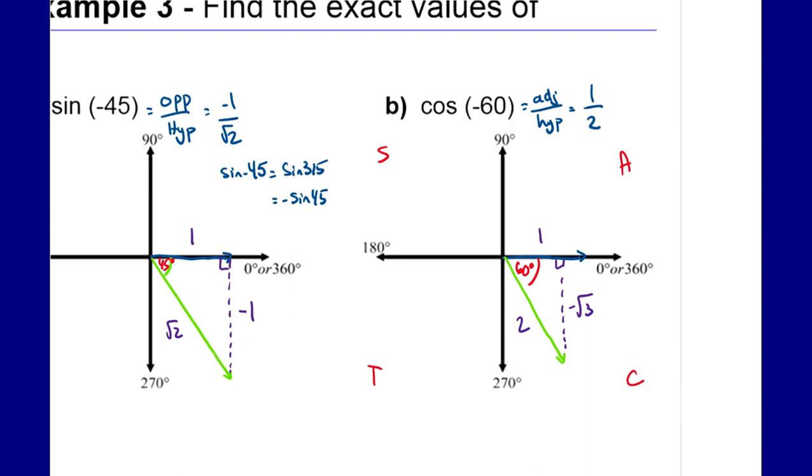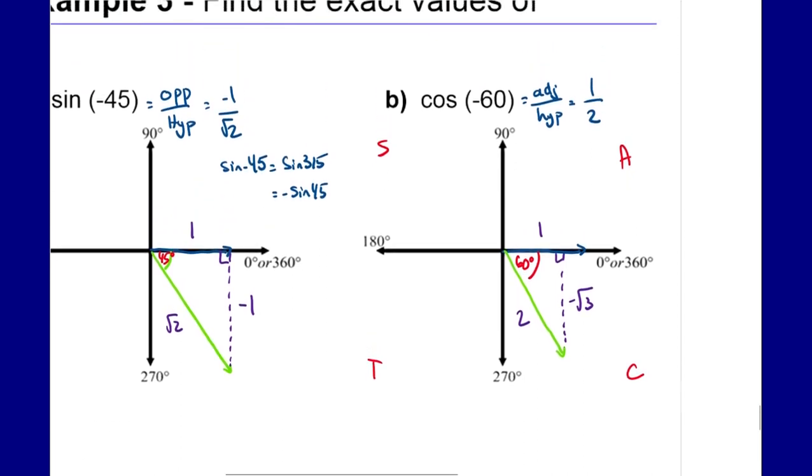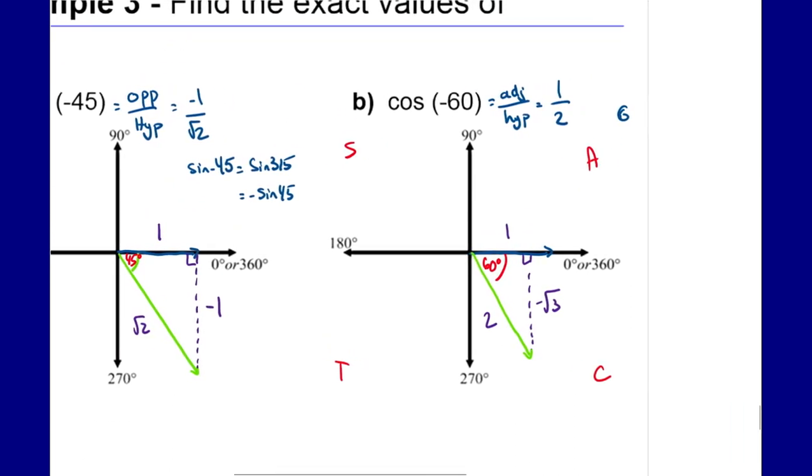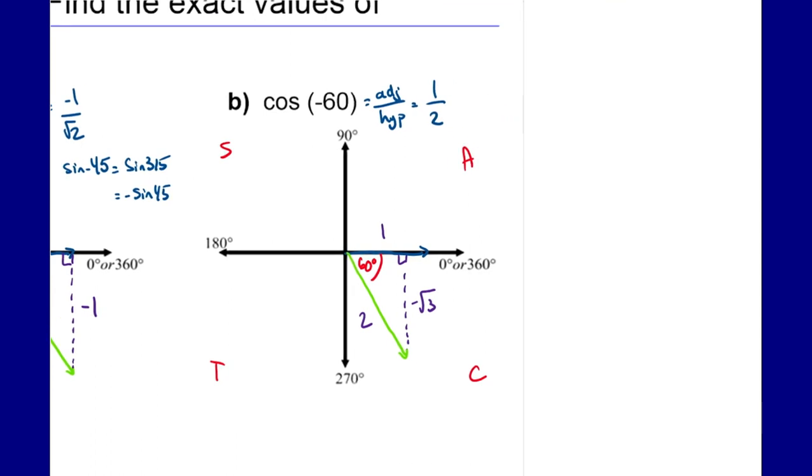So I can say that cosine of negative 60 is equal to cosine of 300, which happens to be the same as cosine of 60.